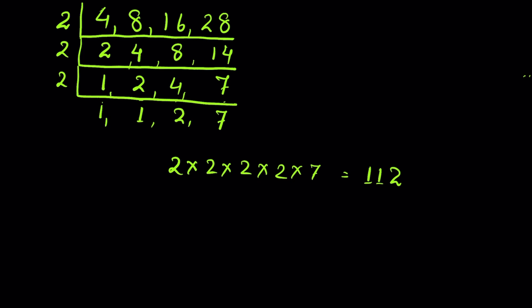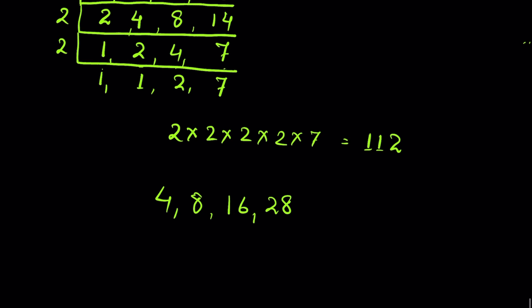But using the trick, you can find the LCM without doing this much calculation. Here the largest number is 28. 28 is divisible by 4, so we can cancel 4. Now 28 is not divisible by 8 or 16, so we multiply it by 2 and it becomes 56.